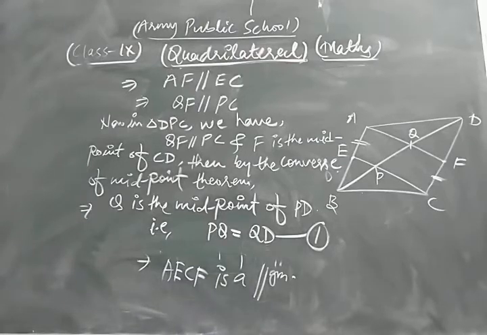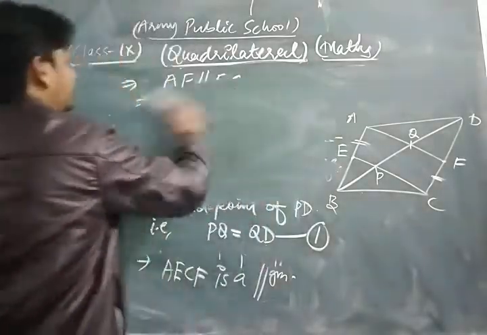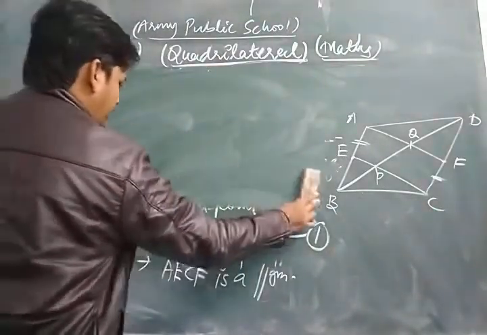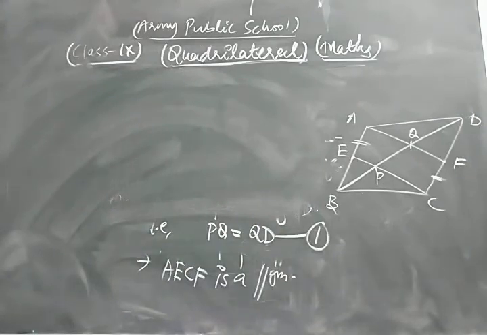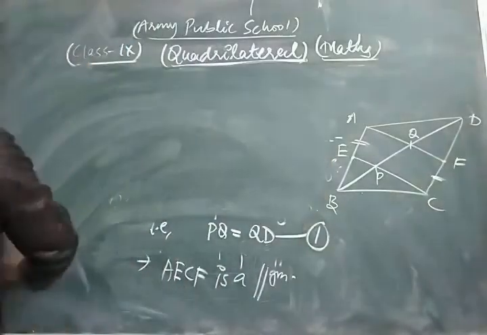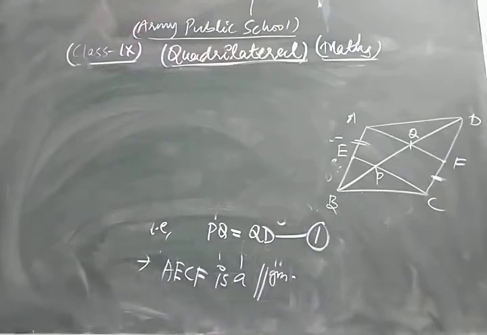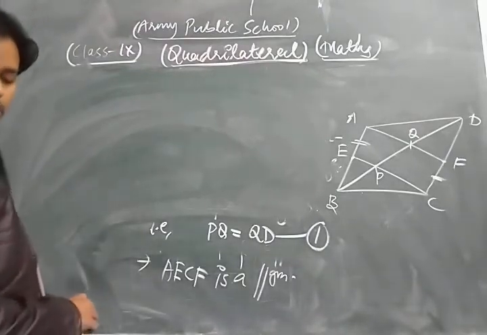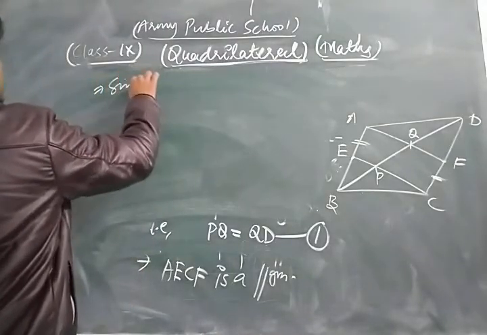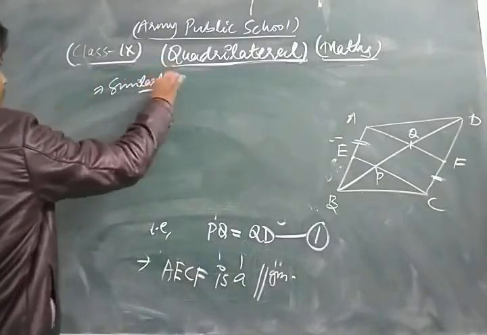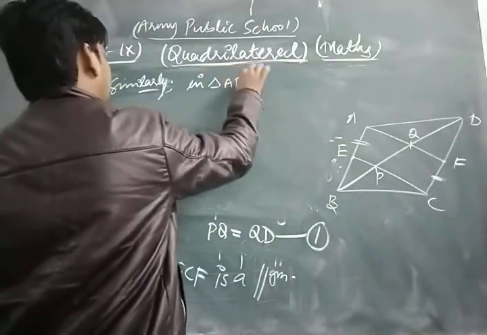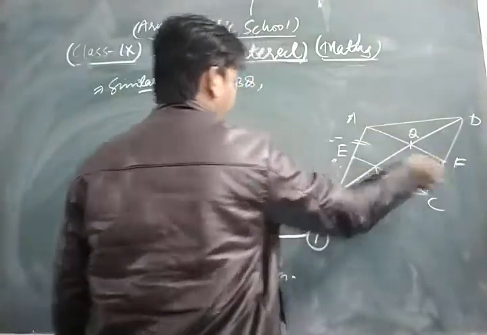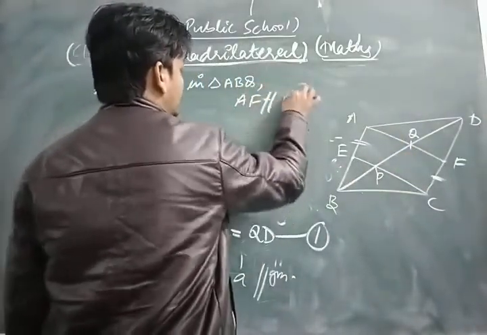Similarly, look, in triangle ABQ, AF is parallel to EC.